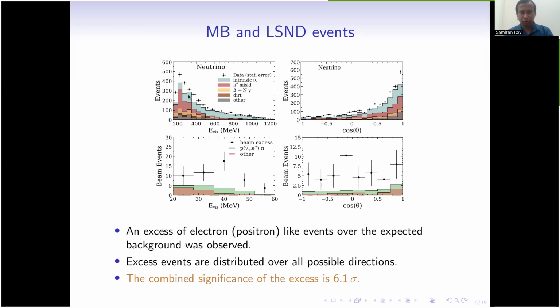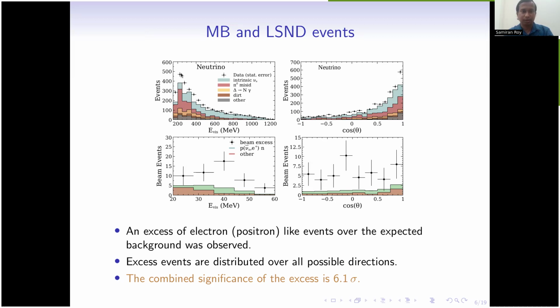In the upper panel, we show the MiniBooNE data, and in the lower panel, we show the LSND data. So this is the total background for the MiniBooNE experiment, and these are the observed data.